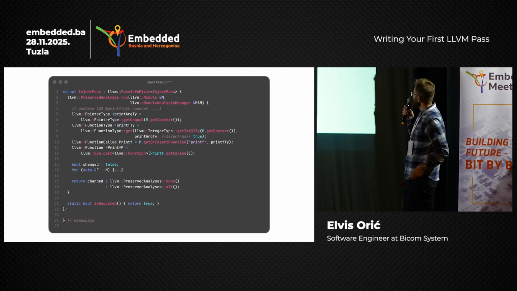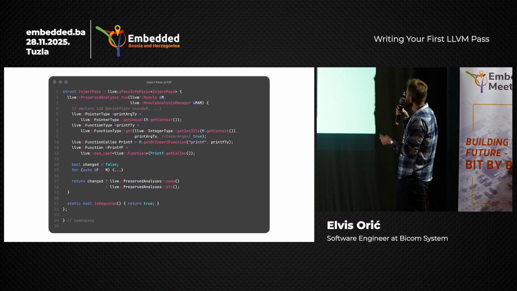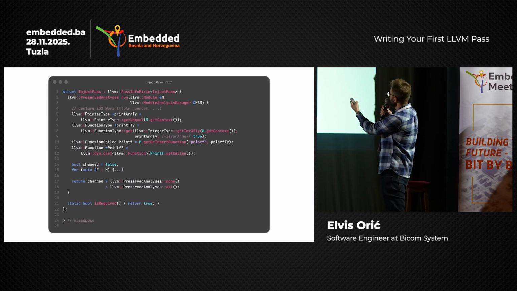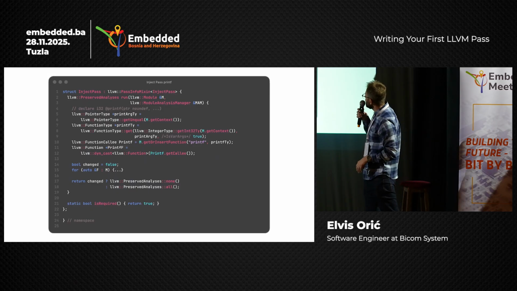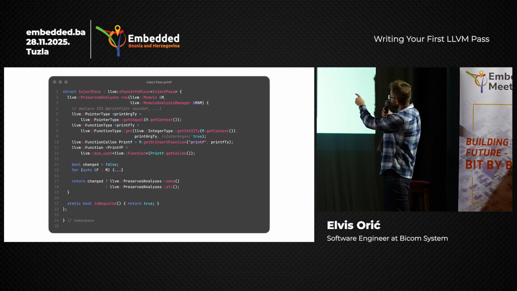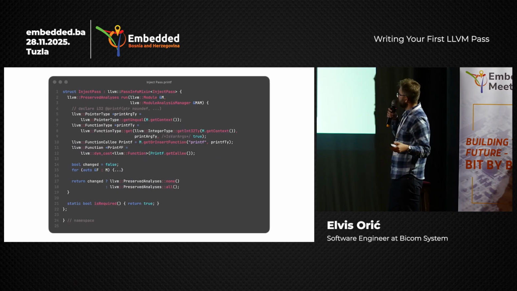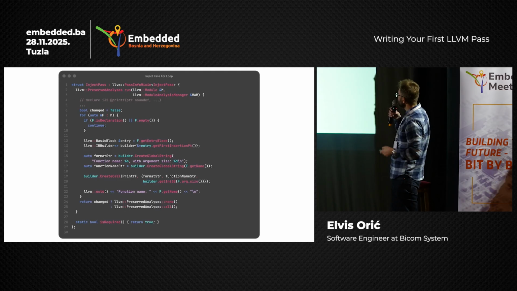Maybe I can skip this part, but we are creating that function, right? If you look at line 11, that's our printf function. And in the for loop, we will iterate over all functions in that module, and we will do something. So the 3 dots, that is on our next slide.